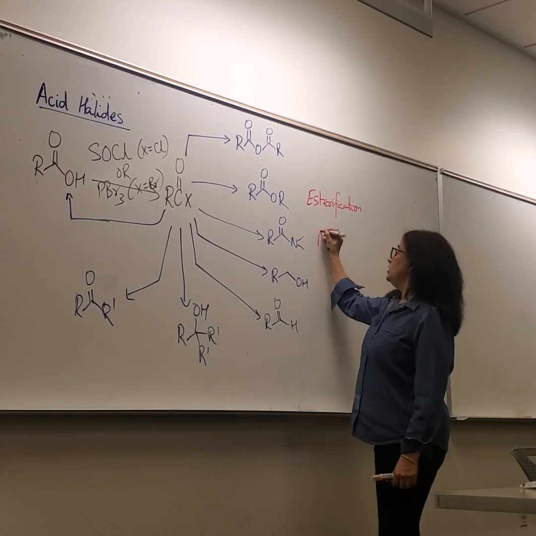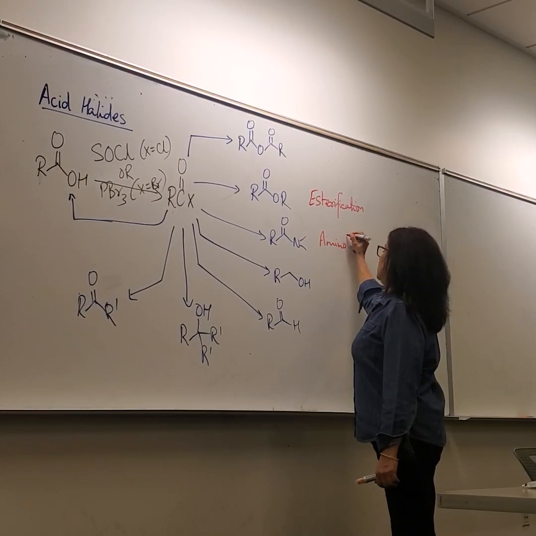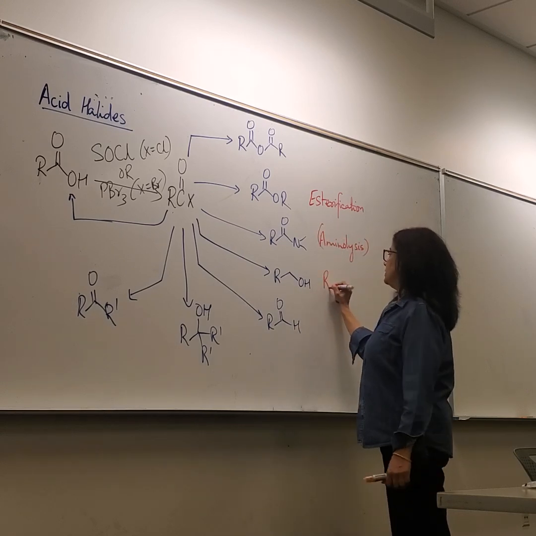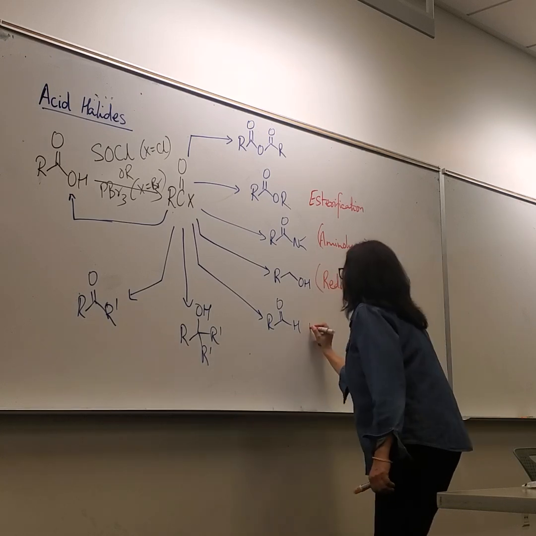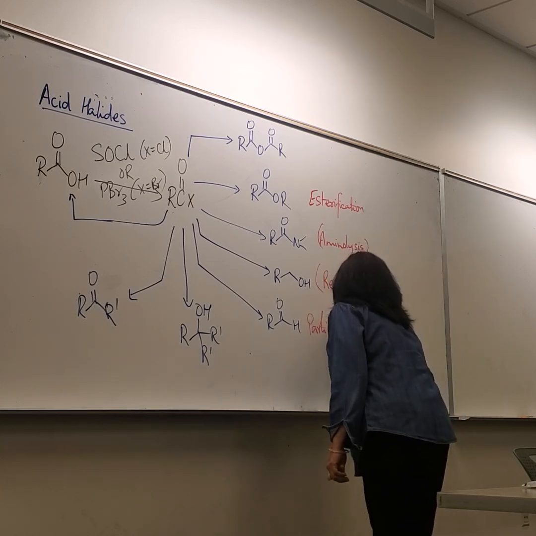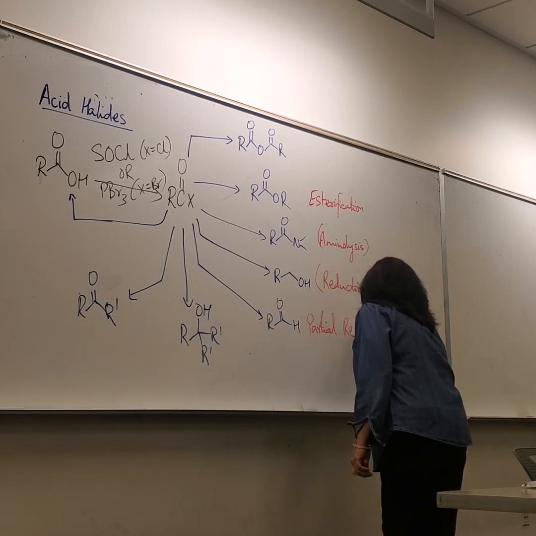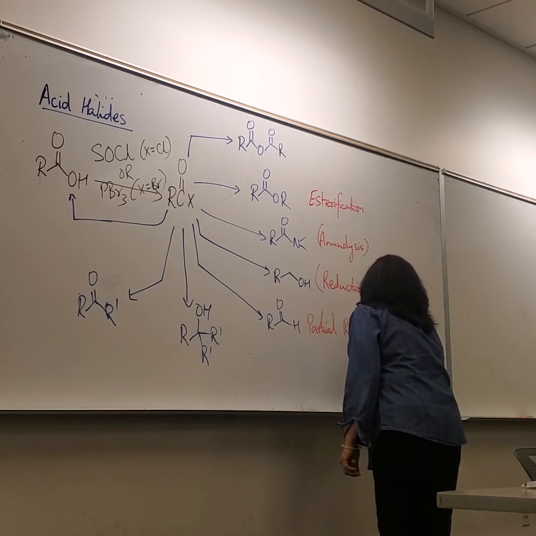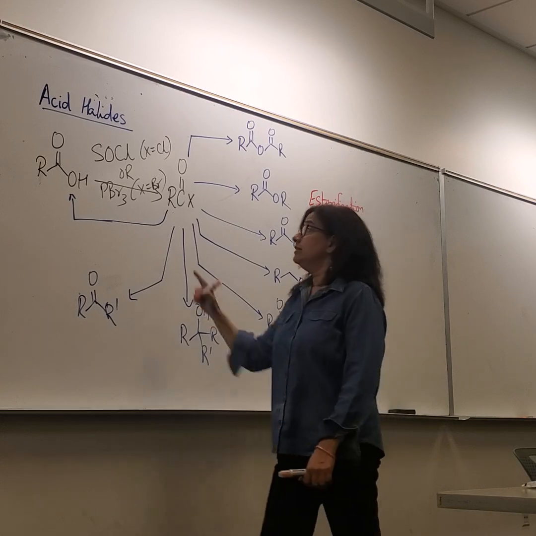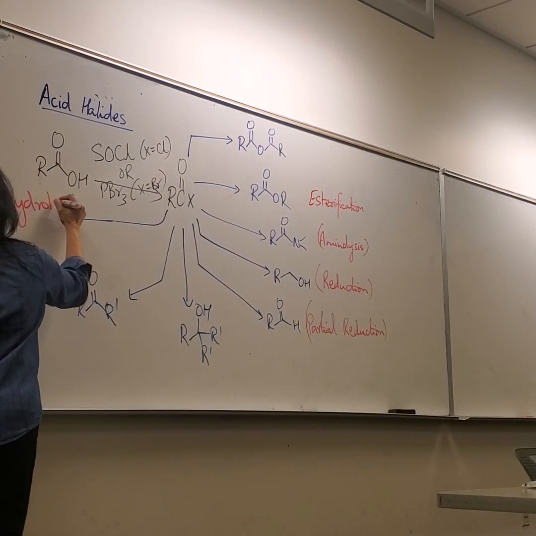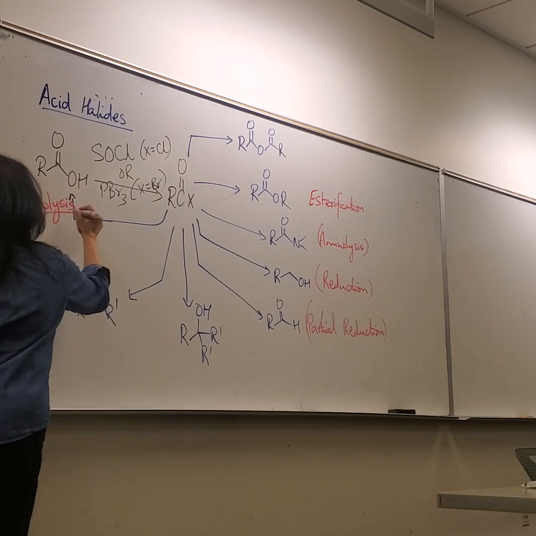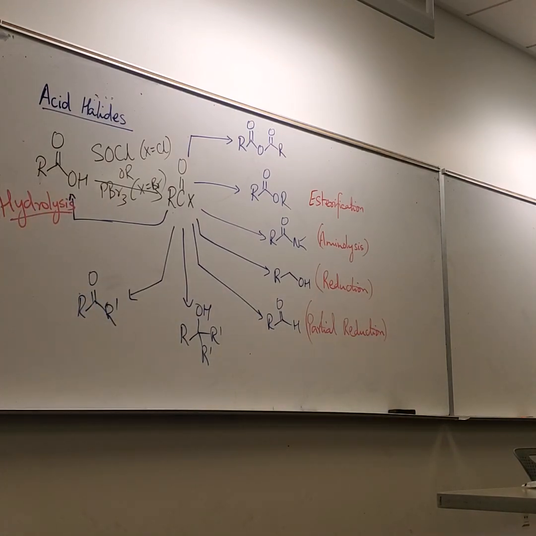This is an aminolysis reaction because we are going to use an amine. This is a reduction reaction, complete reduction, whereas this is a partial reduction. And this reaction is a hydrolysis reaction. Those don't have names.